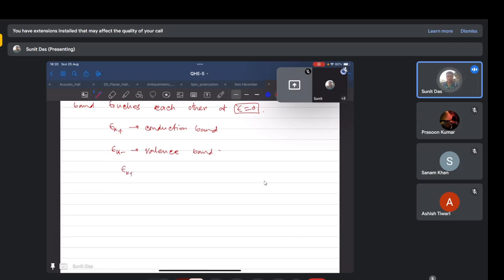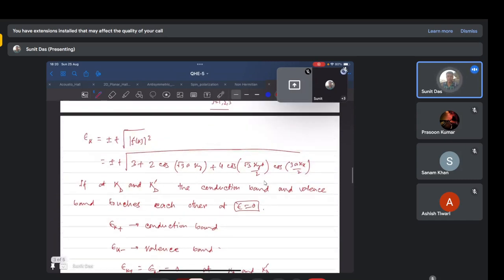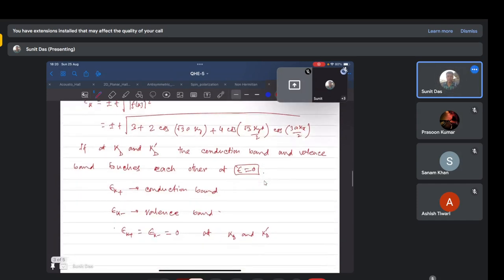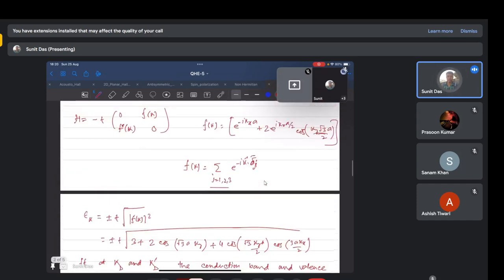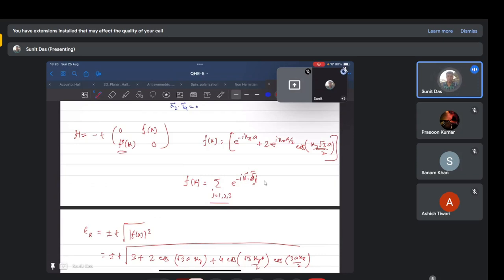So epsilon k plus equal to epsilon k minus equal to 0 at K_D and K_D prime. So this will happen: the energy will become 0 when f(k) is also 0, right? Because then the Hamiltonian itself totally becomes 0.